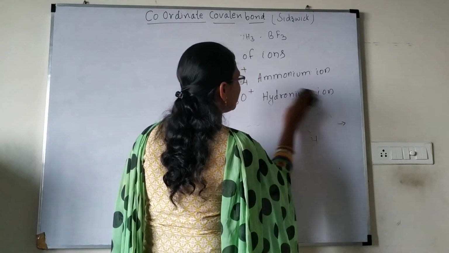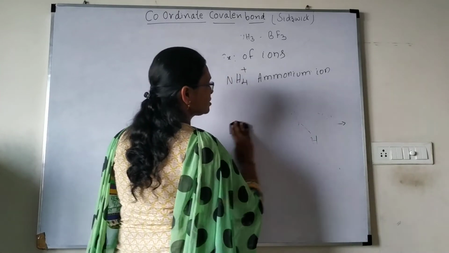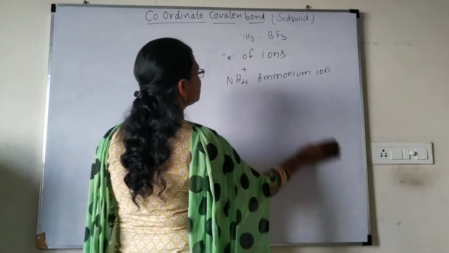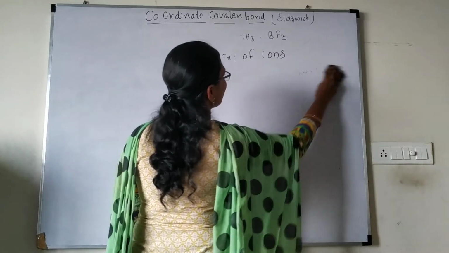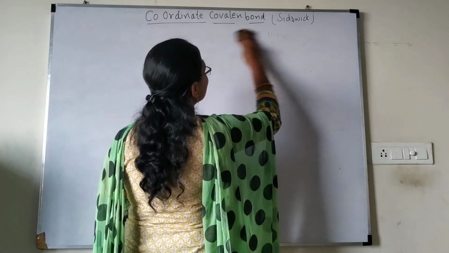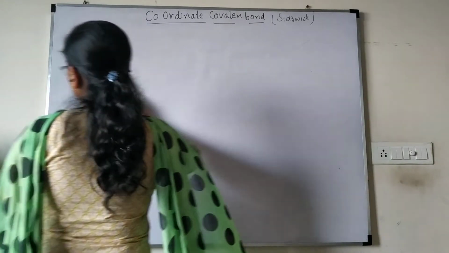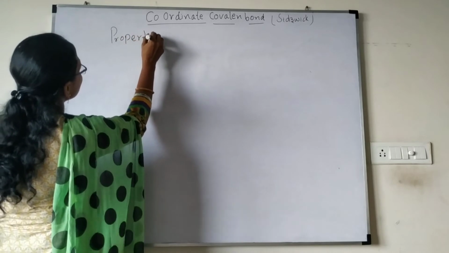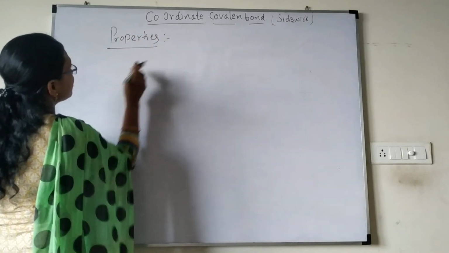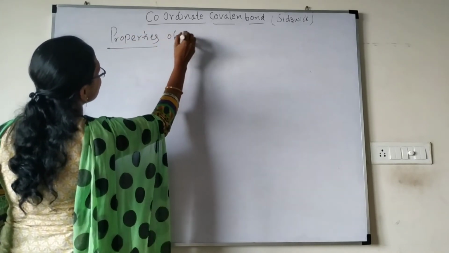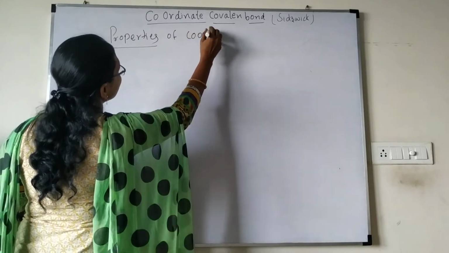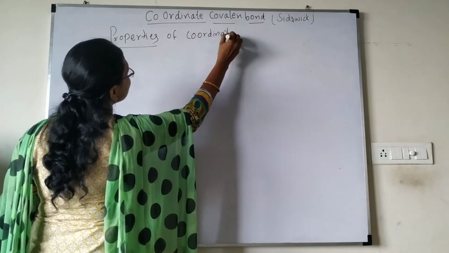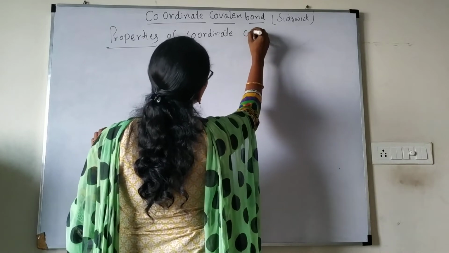So in the case of dative bond compounds, melting points and boiling points will also be low here. Properties of coordinate covalent compounds.